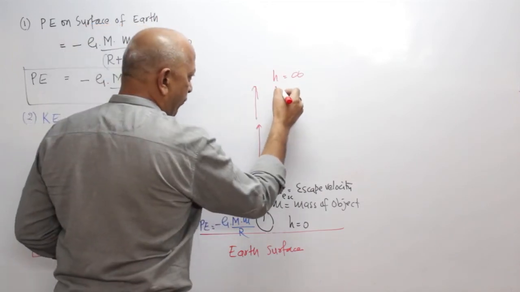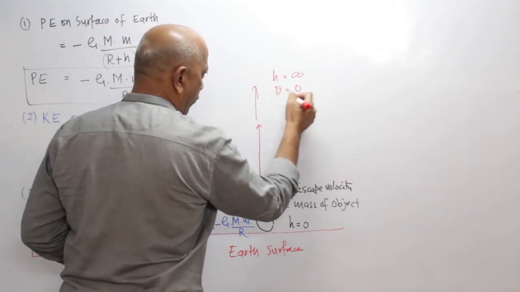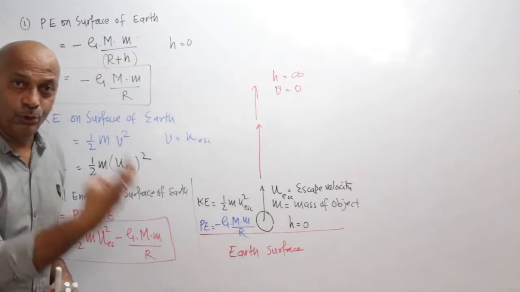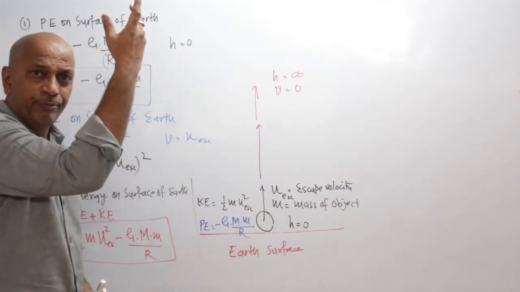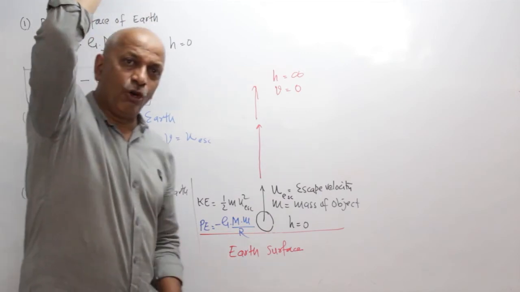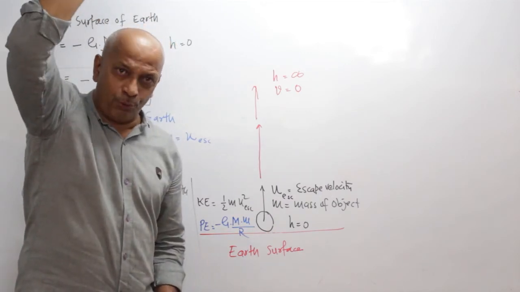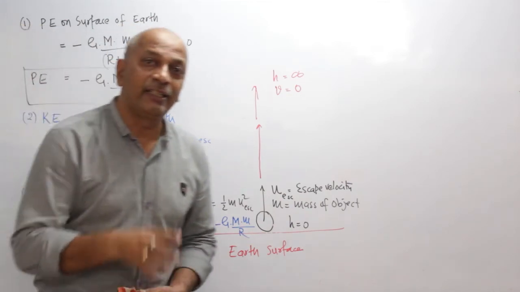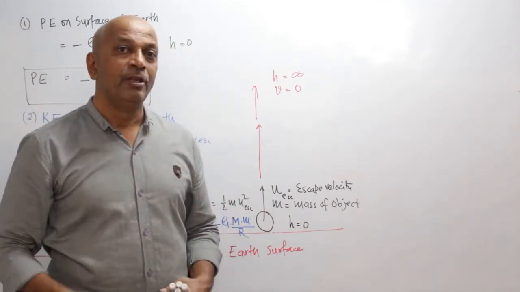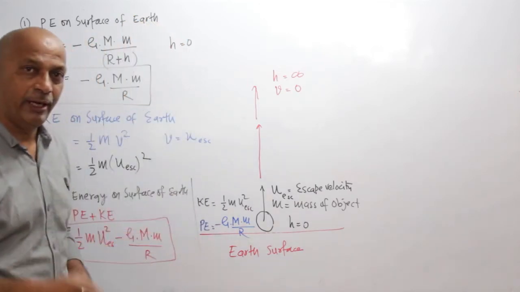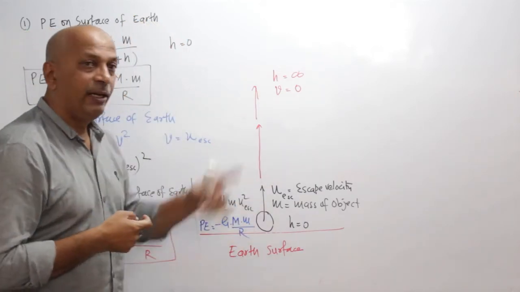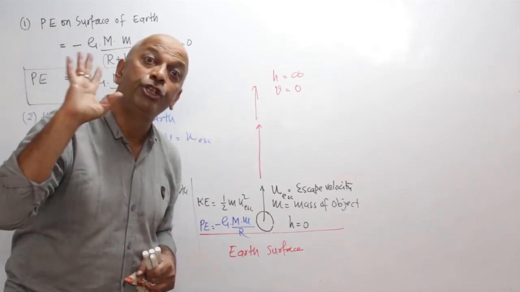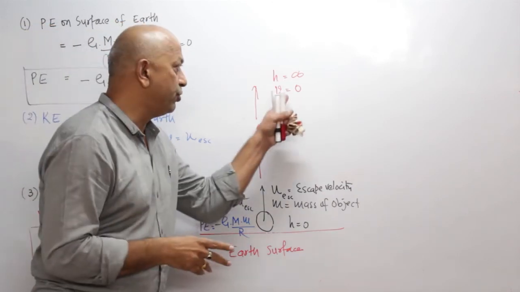And when it reaches infinity, it will come to rest, so its final velocity will become 0. With this initial velocity u, it will go beyond the gravitational pull. That means where g will be 0, where the gravitational acceleration becomes 0, and that is at infinity. So it will go to infinity, and there the velocity will be 0.